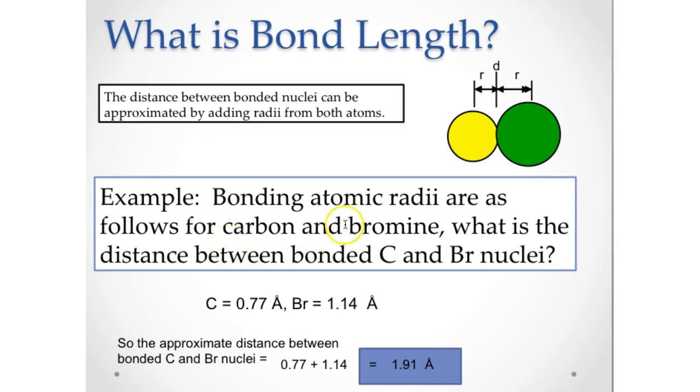For example, the bonding atomic radii are shown as follows for carbon and bromine. So the radius, the distance between the nucleus and the outer electron, is this, and for this bromine right here it will be that. So what is the distance? We just add up the two radii. So when we add them up, you get this. I know it sounds very simple, but you'll have some homework problems related to that.